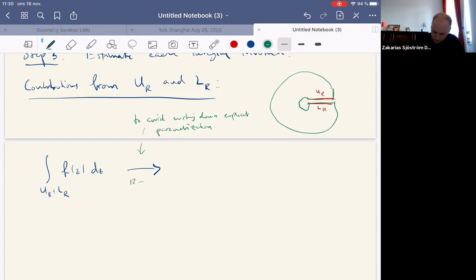So as r goes to plus infinity, I get that these integrals tend to... so let's look at the one from the upper real line. So now we should discuss a little bit here. The one from the upper real line will come closer and closer to the real line. If we imagine this is the real line going off to infinity, then it will get longer and longer and come closer and closer.